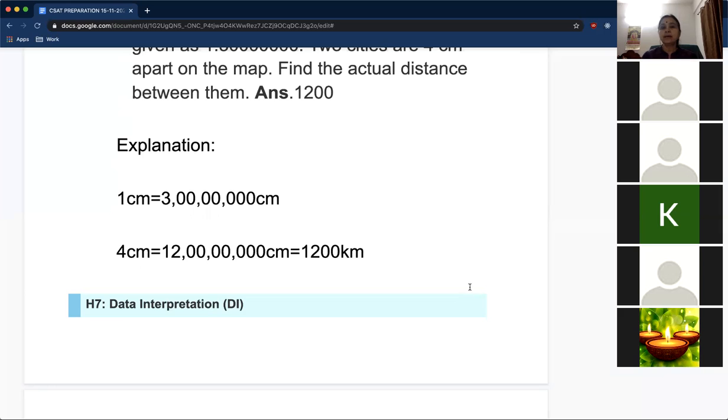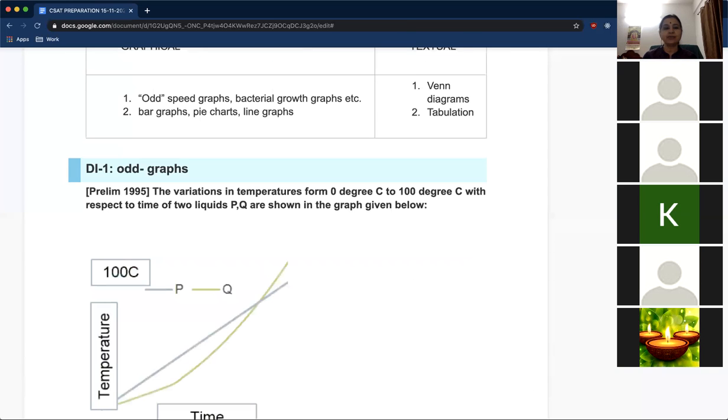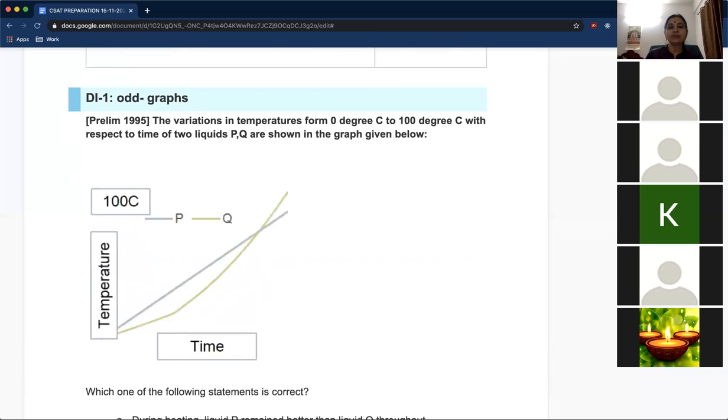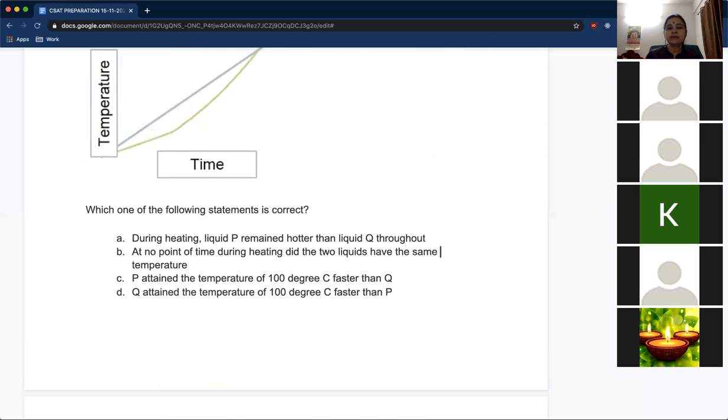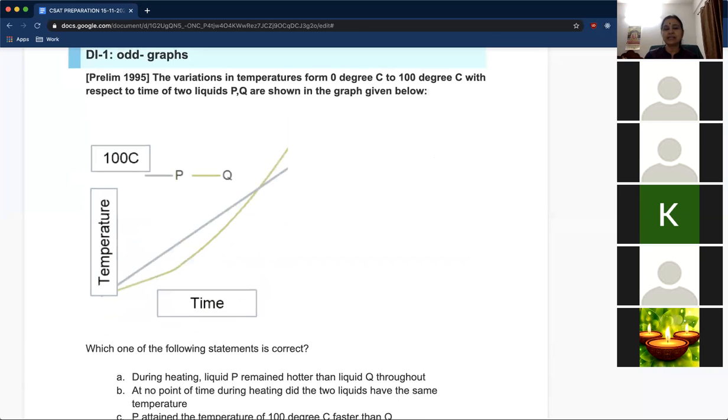Now we will go to another very high priority topic, data interpretation. This will take very little time for you to go through. It's more logical and does not involve many calculations. This appeared in prelims 1995.